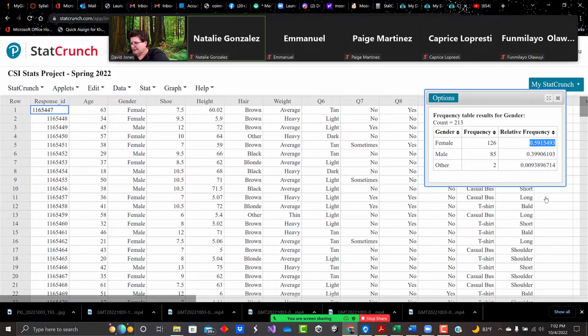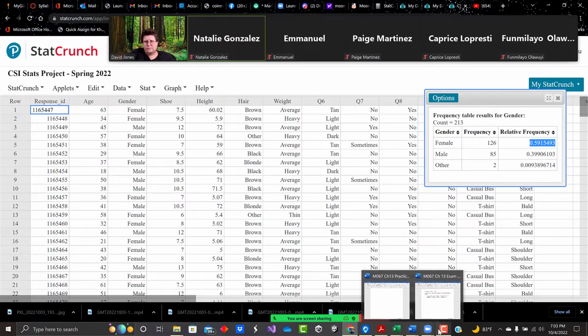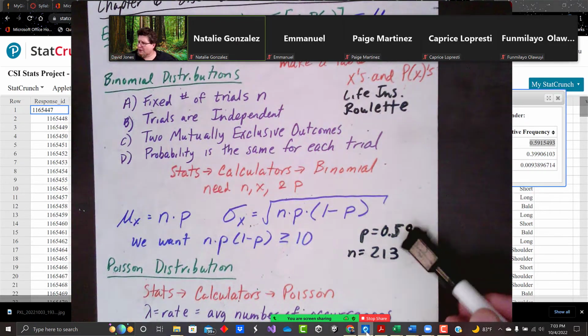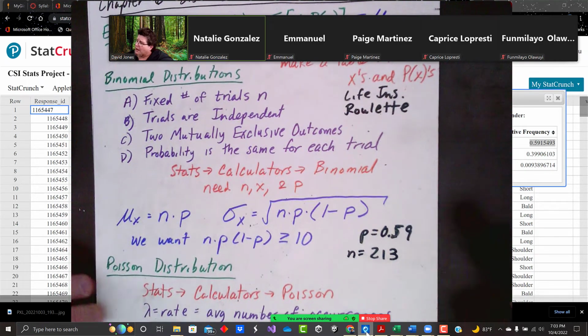I'll just leave it at 59. It's not 100% accurate, but it'll work. And we had 213 people. So we found the probability, or the percentage of people that were women was 59%.